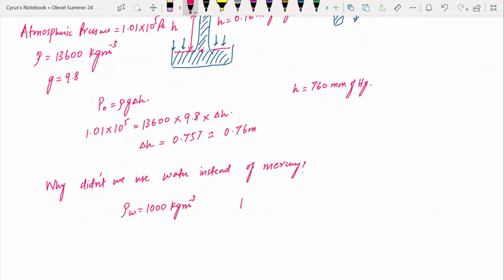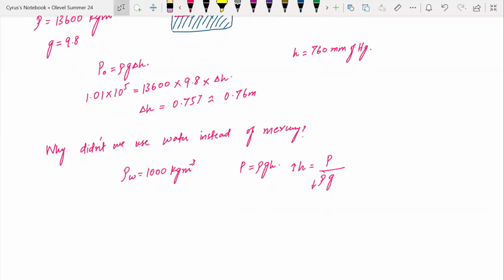तो अगर आप यही प्रेशर इज इक्वल टू रो जी एच यूज करें और आप हाइट कैलकुलेट करें तो इट वुड बी प्रेशर ओवर रो जी. So density of water is less, so it will give you a greater height. It will give you 10 times. ठीक है, आपके पास जो हाइट आएगी वो 10 meters तक आएगी. आप कैलकुलेट कर सकते हैं.